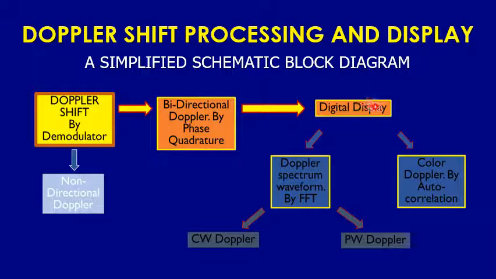It's sent to the digital display, and the digital display takes this information and sends it either to the autocorrelation if you want a color flow, or to the fast Fourier transform if you want a spectral waveform. Of course, we can operate both: the autocorrelation and the fast Fourier transform if we apply the color and the pulse wave.